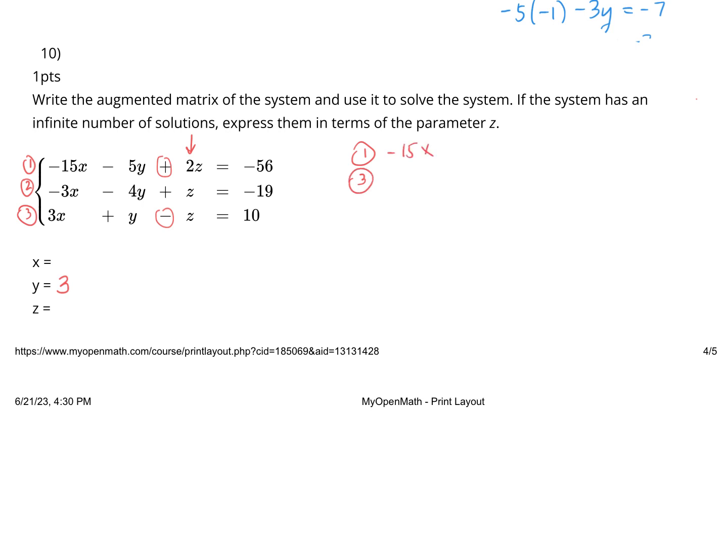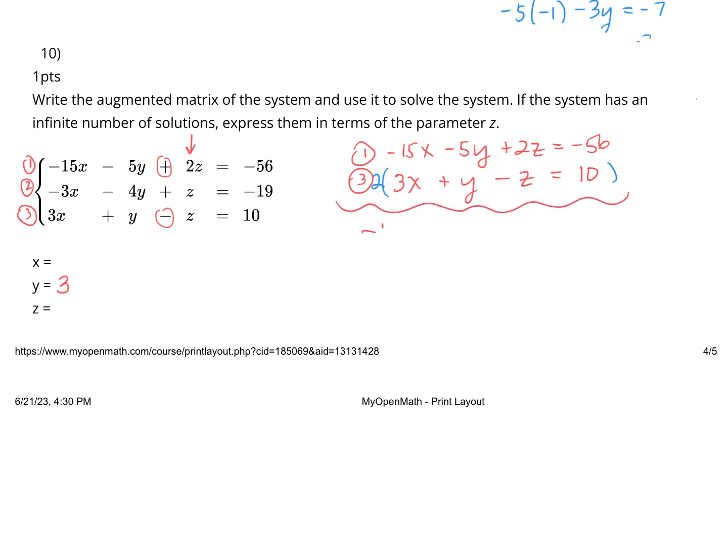So negative 15x minus 5y plus 2z is equal to negative 56. And then 3x plus y minus z is equal to 10. Again, I don't want to cancel out the y's because I know the y. So I either need to cancel out the x's or the z's. I'm going to stick with the z's. If I multiply through by a 2, I'm going to get the opposite of the top equation.